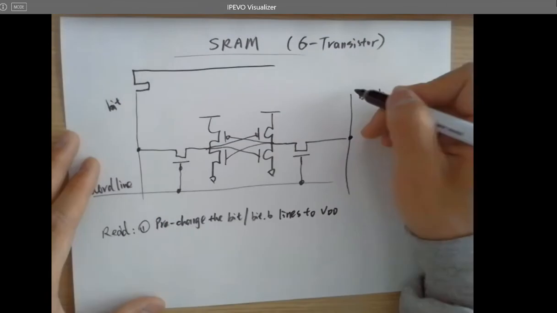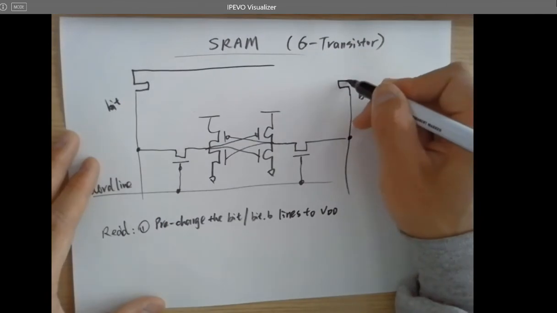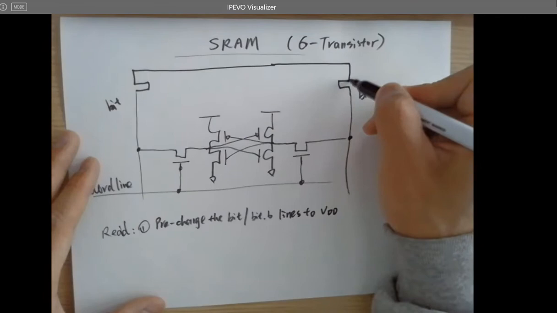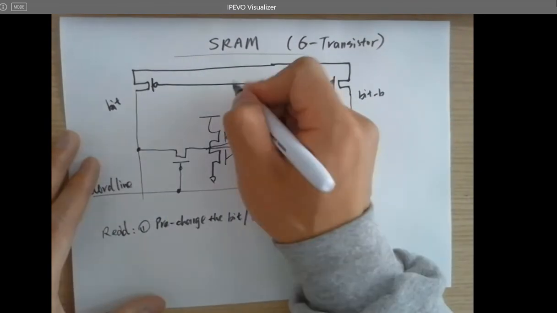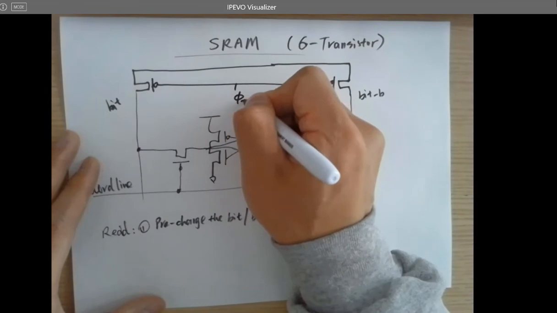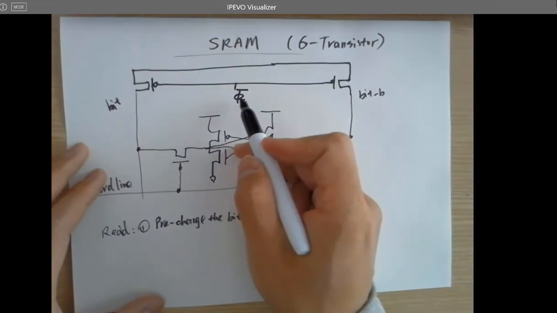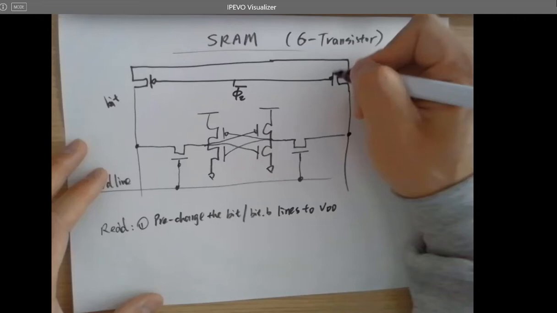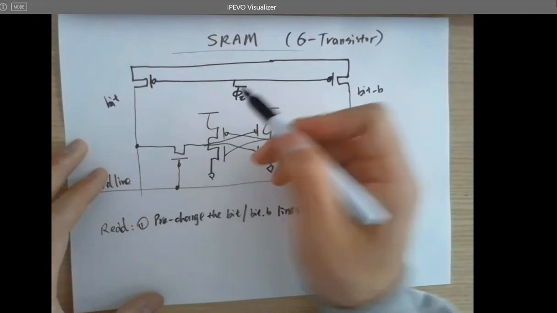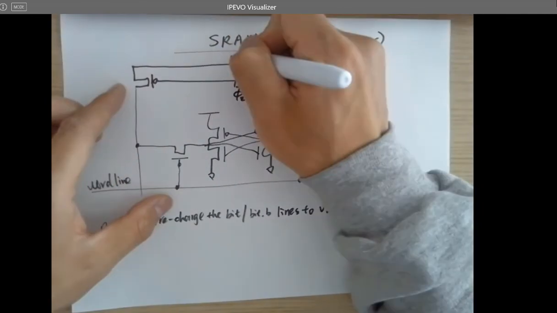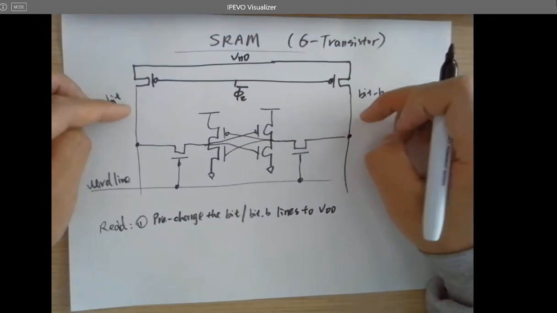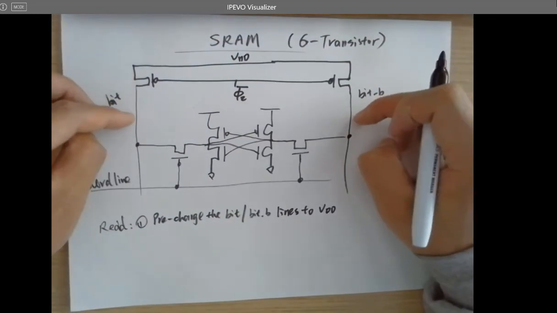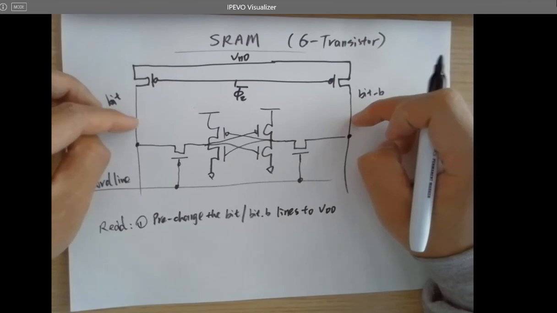Doing this, that's another signal, phi 2. And whenever this is low, it's going to source charges from VDD, so the charge will be dumped to these lines. So this will be charged to VDD.